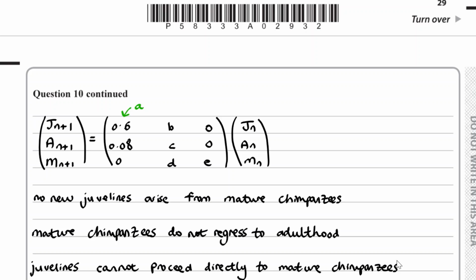What that means is you can't start off as a juvenile chimpanzee and then go straight to being a mature chimpanzee. You have to go from a juvenile chimpanzee to an adult to then a mature chimpanzee. Hopefully those three statements make sense in and of themselves. And if you use these three ideas, this matrix would make sense.